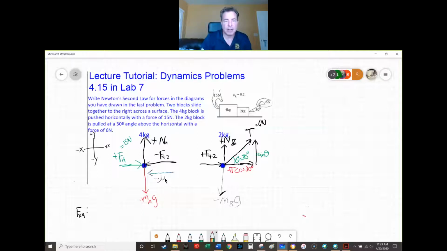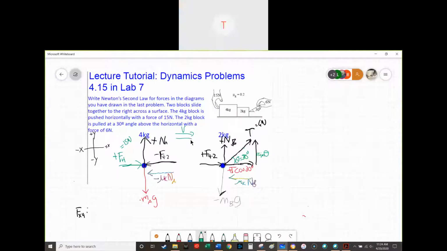It's going to be resisting the motion, mu sub k times the normal force on block A. And it's also going to be working against the 2 kilogram block, normal force of block B. Remember, if the object is moving to the right, and I don't know which way it's accelerating, but anyways, if it's got a velocity vector to the right, and it does, then that means friction is going to be pointing opposite that direction.